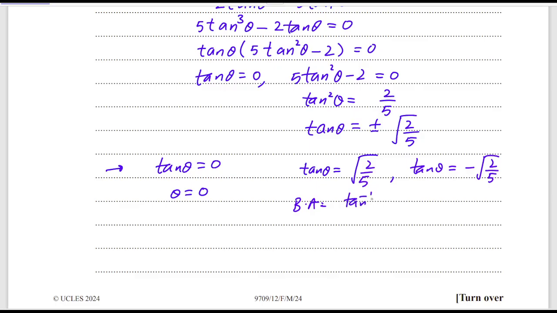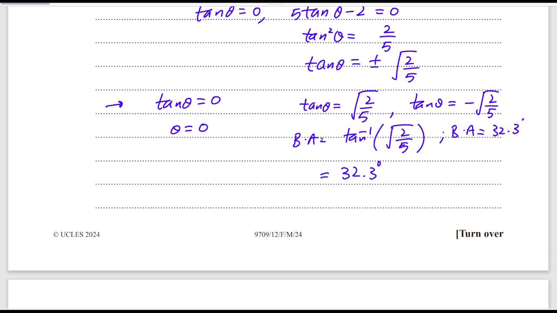The basic angle is simply tangent inverse root of 2 over 5. Using a calculator, tangent inverse square root 2 over 5 is 32.3 degrees. So the basic angle is the same for both cases, 32.3 degrees. Since tan is positive in the first quadrant in the given range of theta, which is between minus 90 and 90, one solution of theta is 32.3 degrees because of the first quadrant.